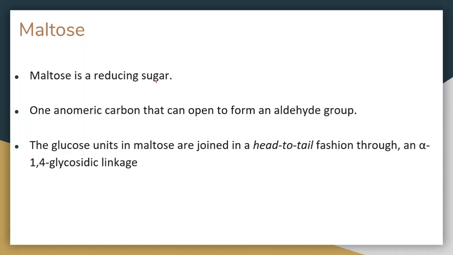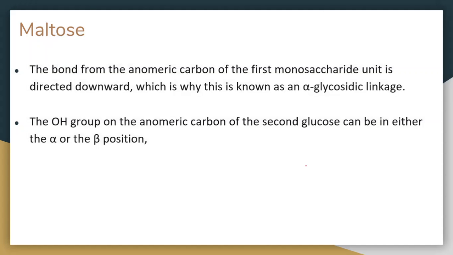It is a reducing sugar, because the anomeric carbon has a free aldehydic group, it can open and form an aldehyde group. Over here these units are joined in head to tail fashion. So the glycosidic linkage is an alpha glycosidic linkage.